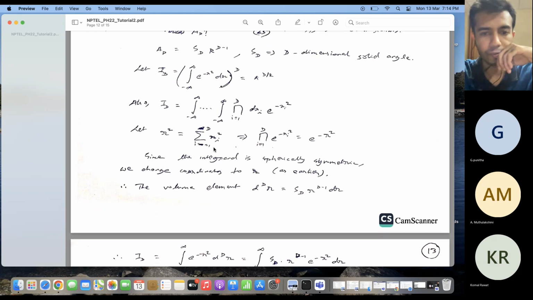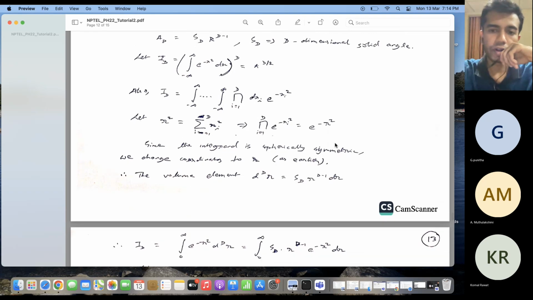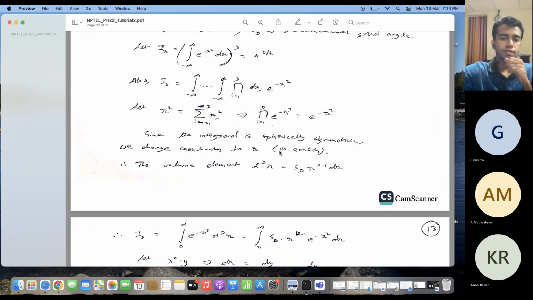Now I make a change of coordinates, such that r square is equal to the summation from i equal to 1 to d of x_i square. Then the product over i equal to 1 to d of e to the power minus x_i square becomes equal to e to the power minus r square. All right. Now, why is it possible to make this change of coordinates?